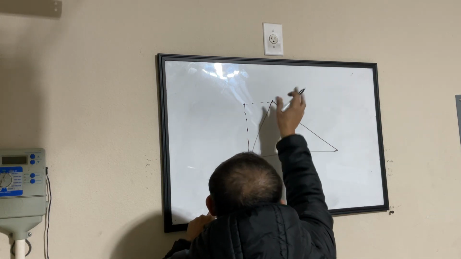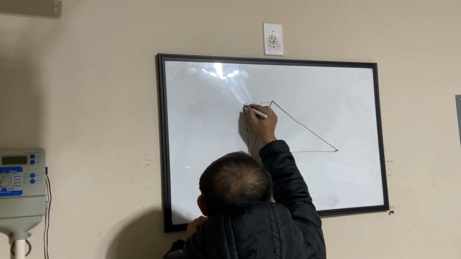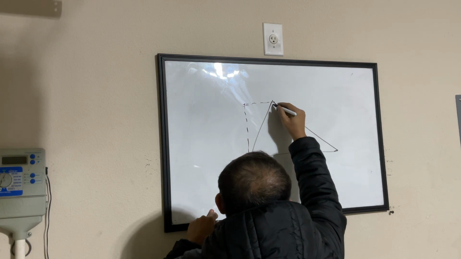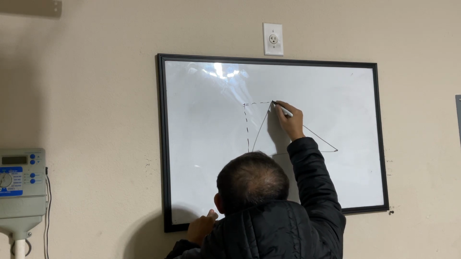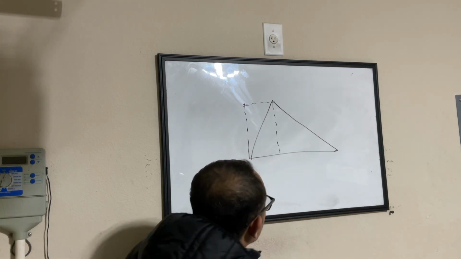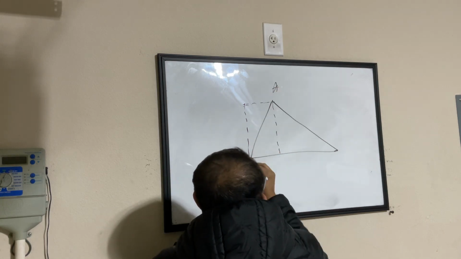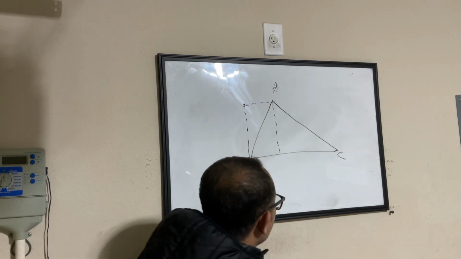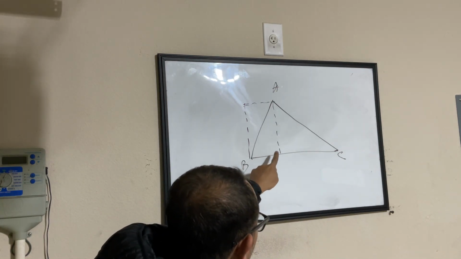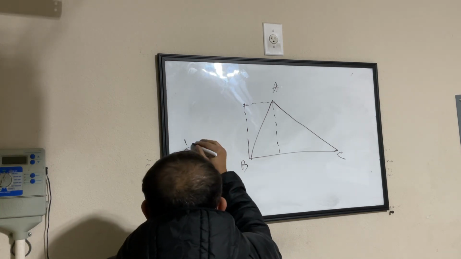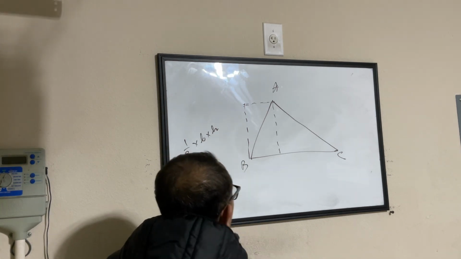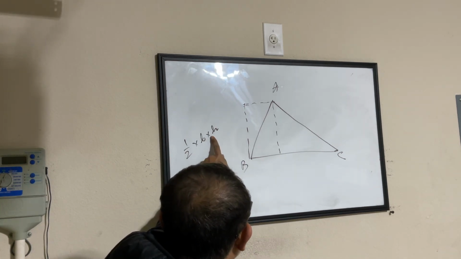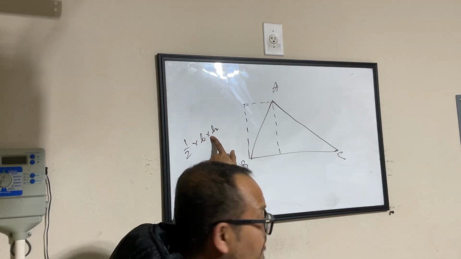Now, what did I do? So this was my triangle ABC, and I'm saying the area of this is half into base into height, but we know that the area of a right angle triangle is half into base into height.